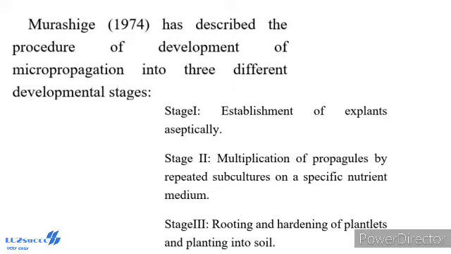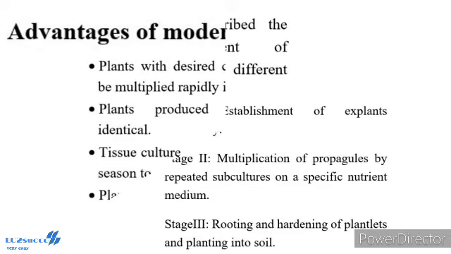Stage 2, multiplication of propagules by repeated subculture on a specific nutrient medium. Stage 3, rooting and hardening of plantlets and planting into soil. Recently, the micropropagation method has been used to produce oil palms. So these are all about the modern method of vegetative reproduction.